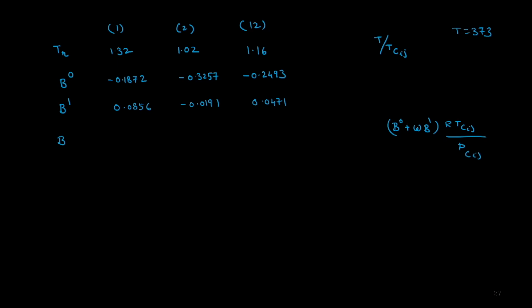I will use that expression to calculate B, and in this case B turns out to be negative 83.72. This is in cc per mole, negative 213.97 and negative 135.23.